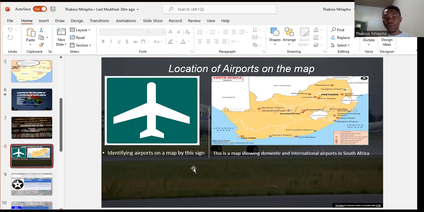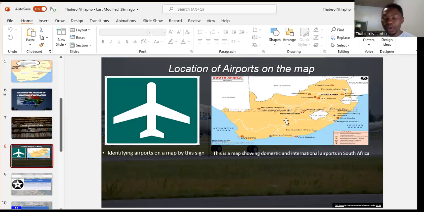So in order for you to locate airports on the map, you'll be able to locate them by looking at the symbol of a plane on the map. This symbol of a plane can include international airports, regional airports, etc. So this is the map showing domestic and international airports in South Africa.